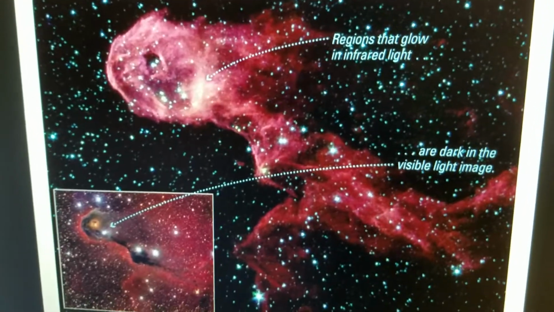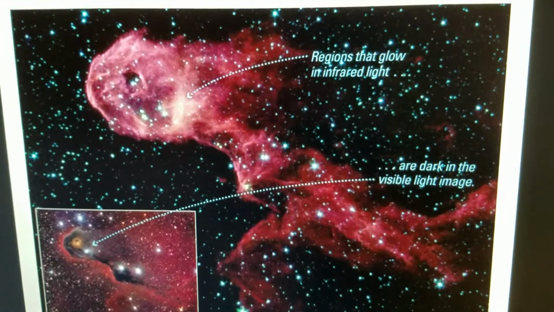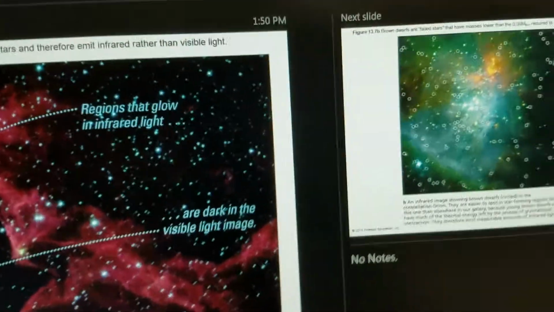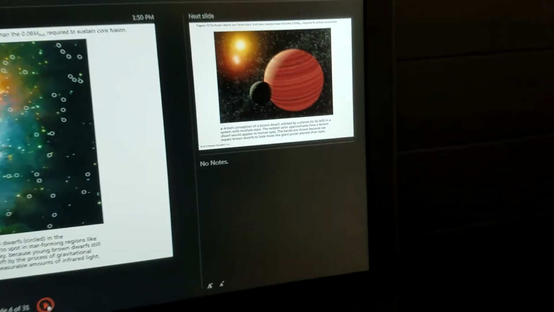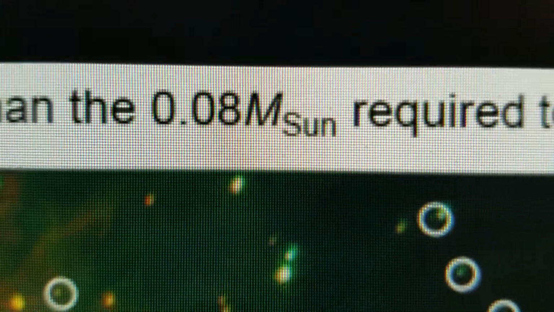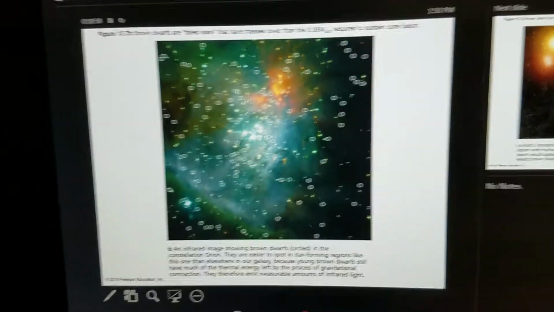On the other end of the scale, if you have too little mass, for example less than about 0.08 solar masses, as seen here, then you don't produce enough pressure and temperature as you collapse because of your low gravity in order to get fusion started at all.